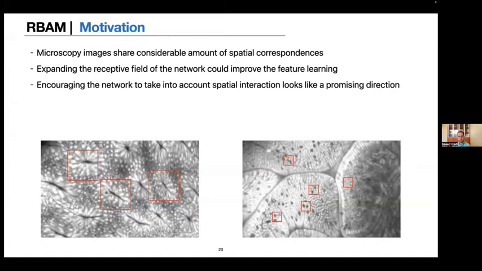Inspired by the non-local filtering algorithms, we started working on the idea of encouraging the network to take into account the spatial interactions between similar regions during the feature learning. And this would expand the receptive field of the network and result in high quality reconstructions at the end.